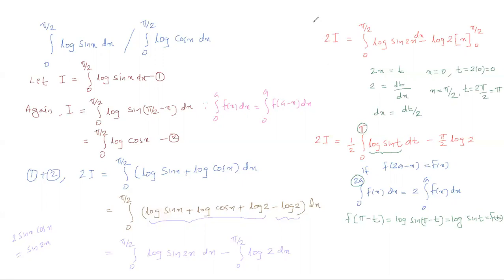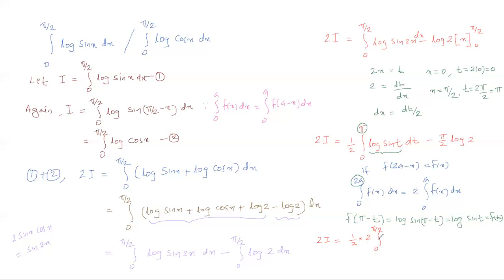So therefore 2I is equal to 1 by 2 into that integral 0 to 2a, which can be written as 2 into integral 0 to a, so 2 into 0 to pi by 2.